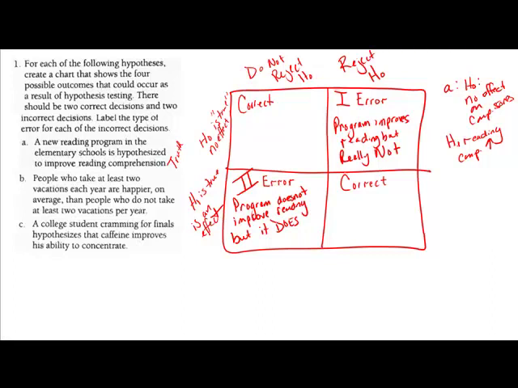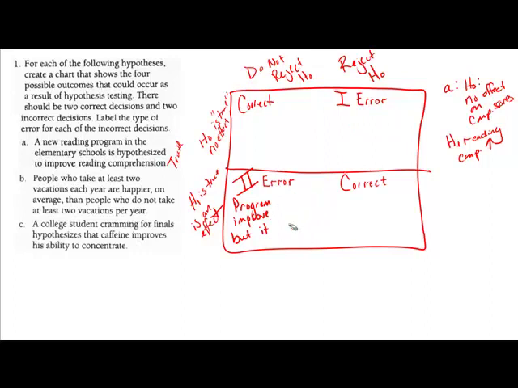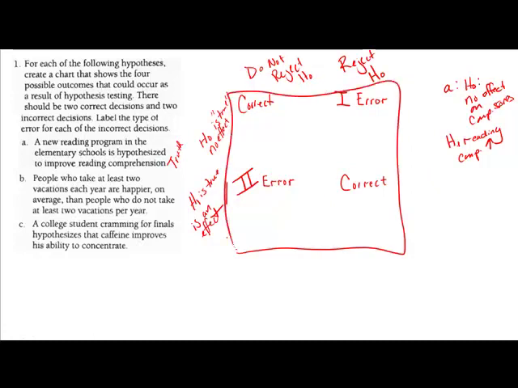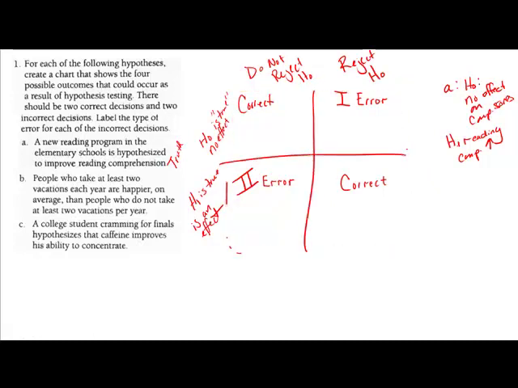Here, let's do the college student one. We could insert pretty much any stimulant in place of caffeine. Okay, bring my box back. So type 1 error. A college student cramming for finals hypothesizes that caffeine improves the ability to concentrate.